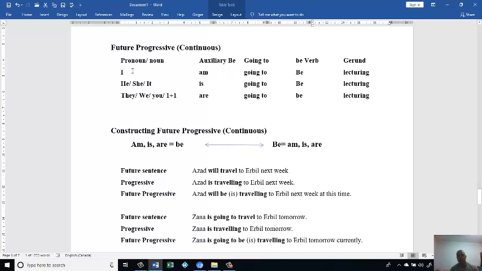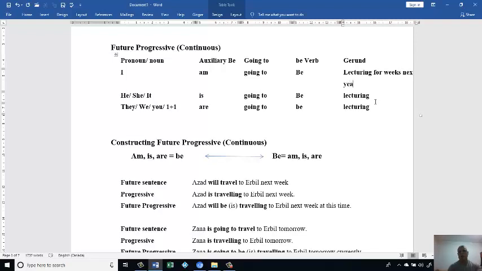For example, I am going to be lecturing maybe for 2 weeks next year. Okay? It means the lecturing will start, continue for 2 weeks, but when will it be? Next year.